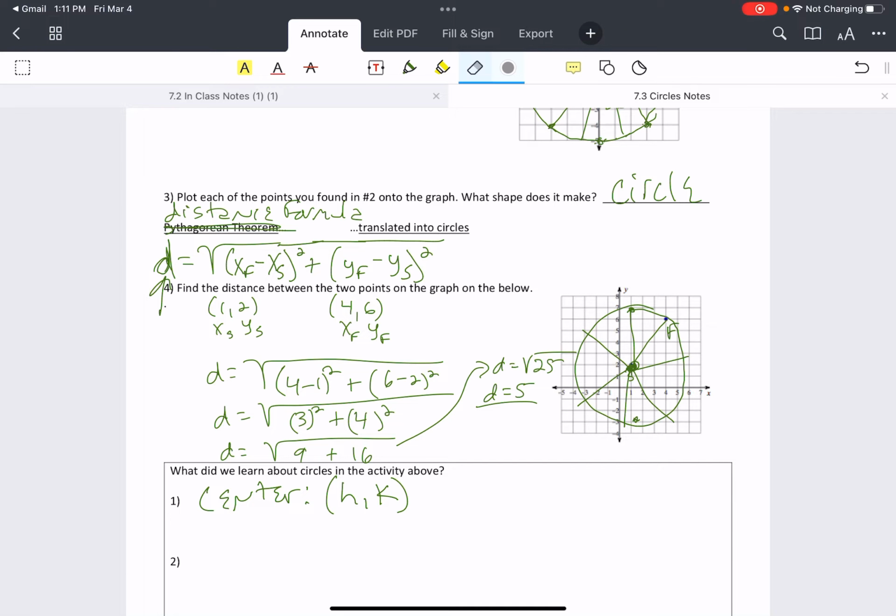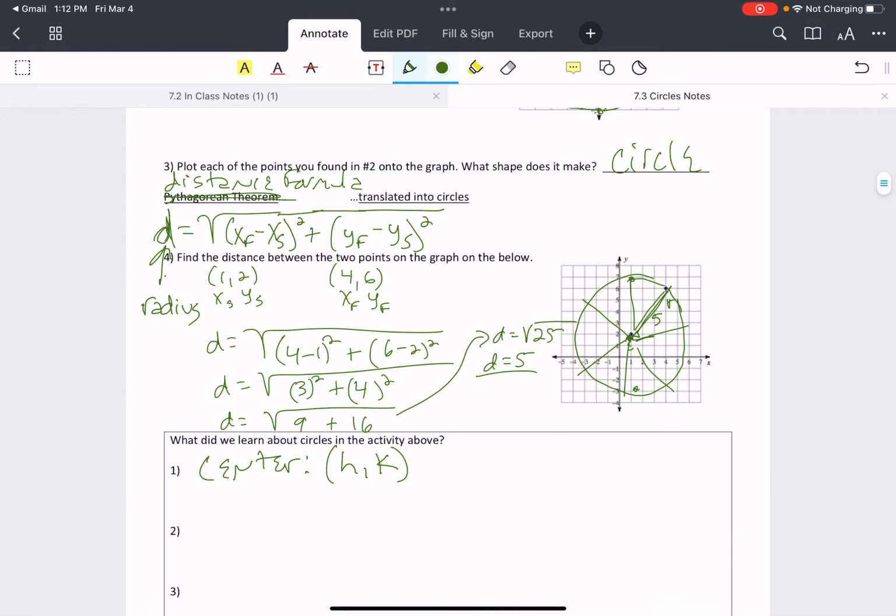I would have taken 5 or radius, right? Because if I found the distance between these 2 points here and I got 5, isn't that what makes a circle? That distance of 5 would be the same all the way around. But it's not going to be just 5. It's just the radius in general, right? Okay, so that distance is our radius. The distance is the radius.